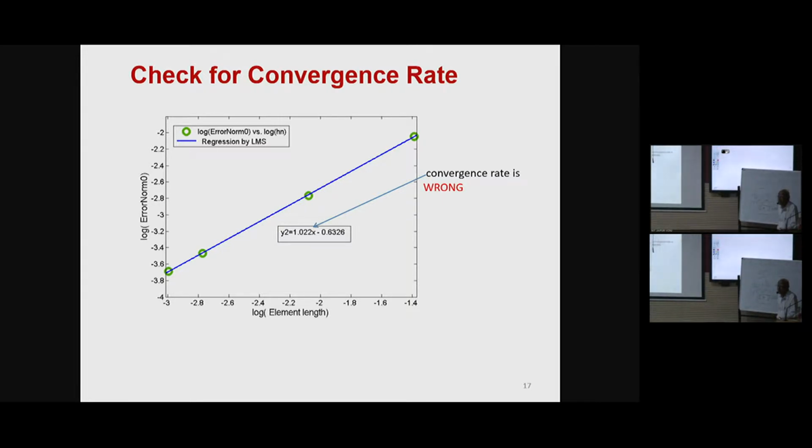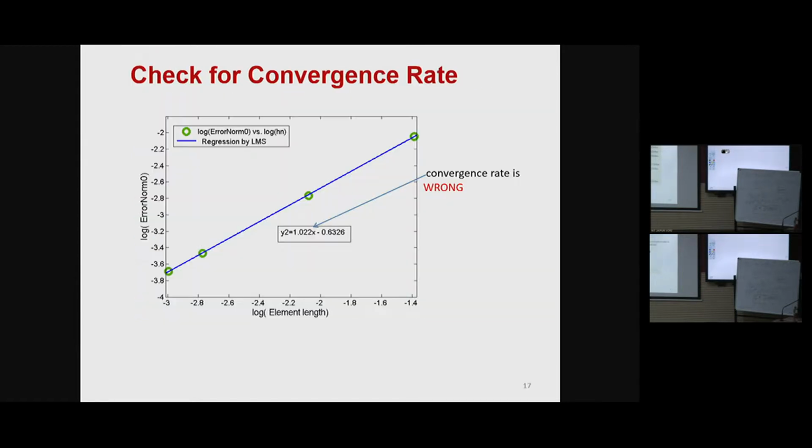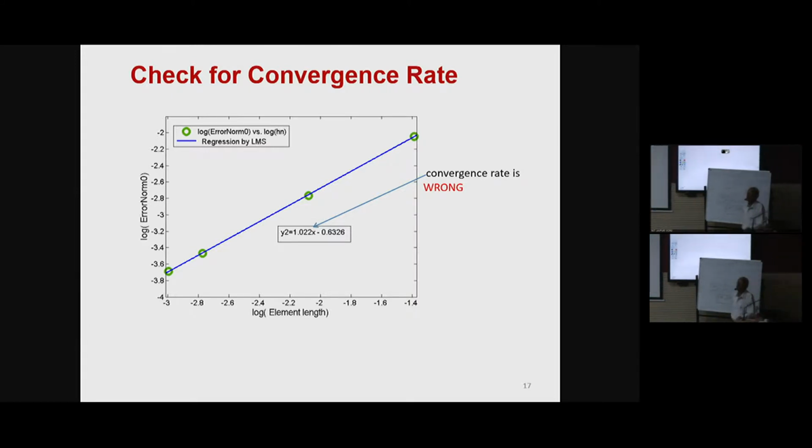I'm not sure if diagonal terms were negative. But whether they are negative or not, the problem is there's a mistake in the stiffness matrix. The solution does not show you that.